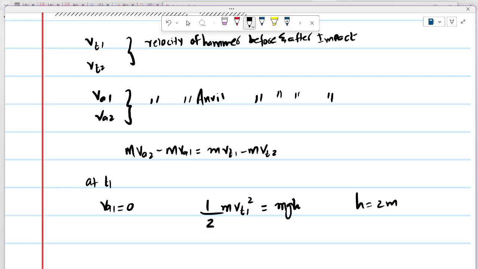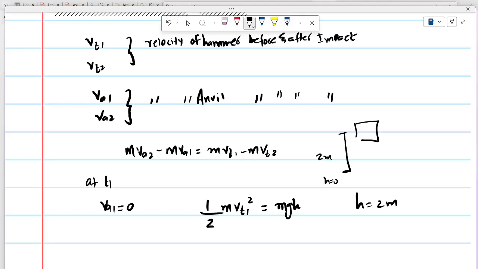So the kinetic energy just before the impact of the hammer is equal to the total potential energy that the hammer was storing when it was at a height of 2 meters. When it came to height equal to 0, the potential energy has been converted to kinetic energy.